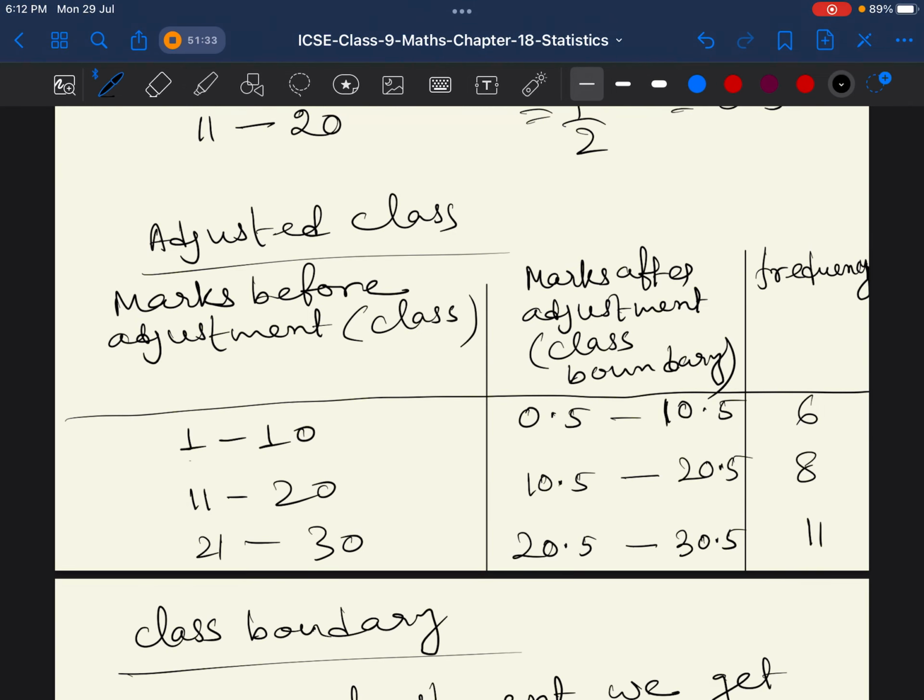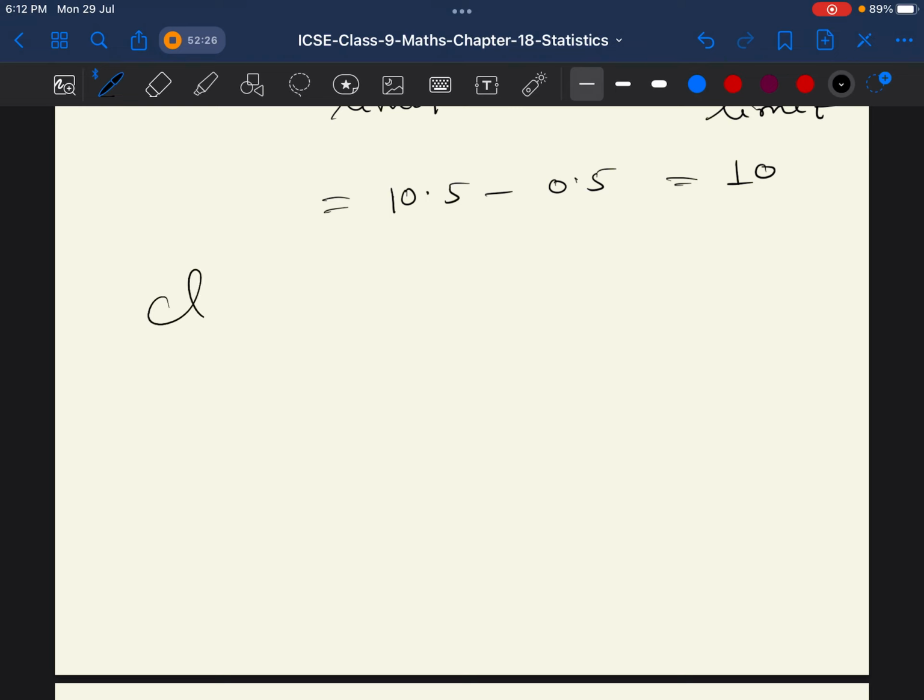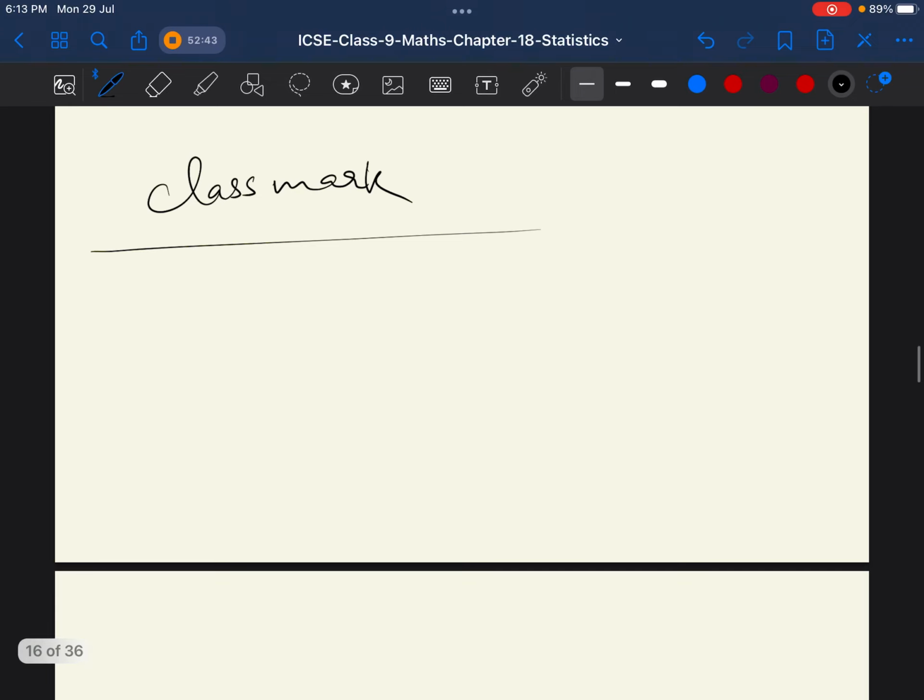Now class mark. Class mark means the midway between its actual lower limit and actual upper limit in a class interval.